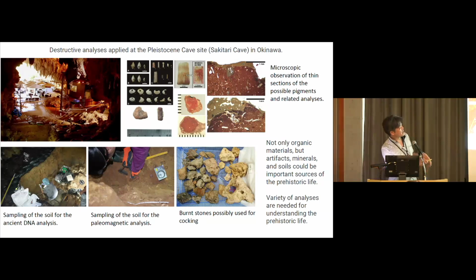And also we have several burnt limestone rocks, probably used for cooking, but we are not sure. So we just started to discuss with our collaborators what kind of analysis we can conduct on these samples. We have a great variety of materials in the excavation field, and there is much potential for destructive analysis.